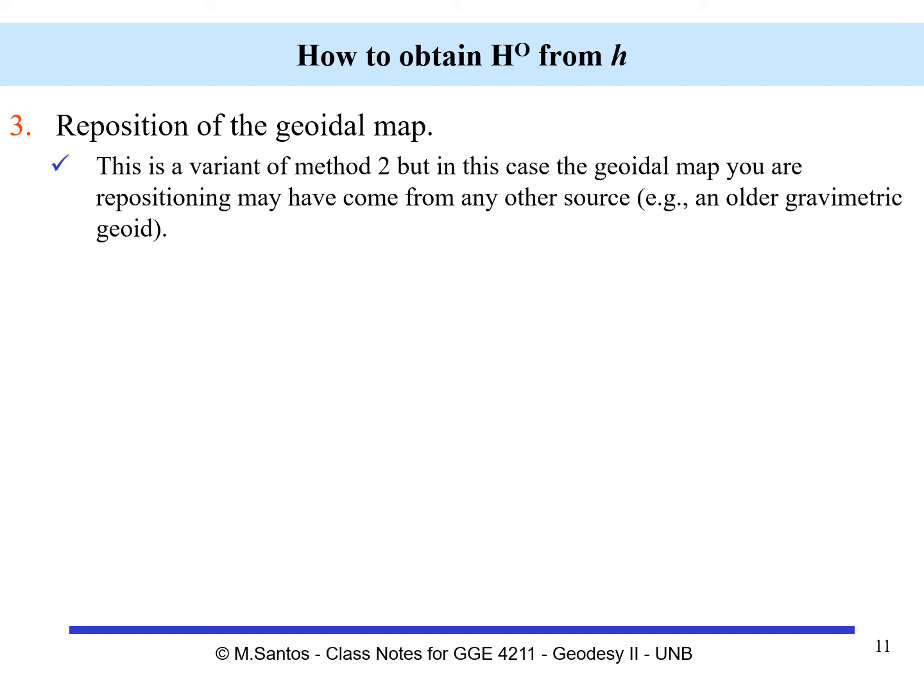So what you can do is get the shape of that old gravimetric geoid and constrain it against GNSS on benchmarks. Again, we need to have benchmarks in the region.